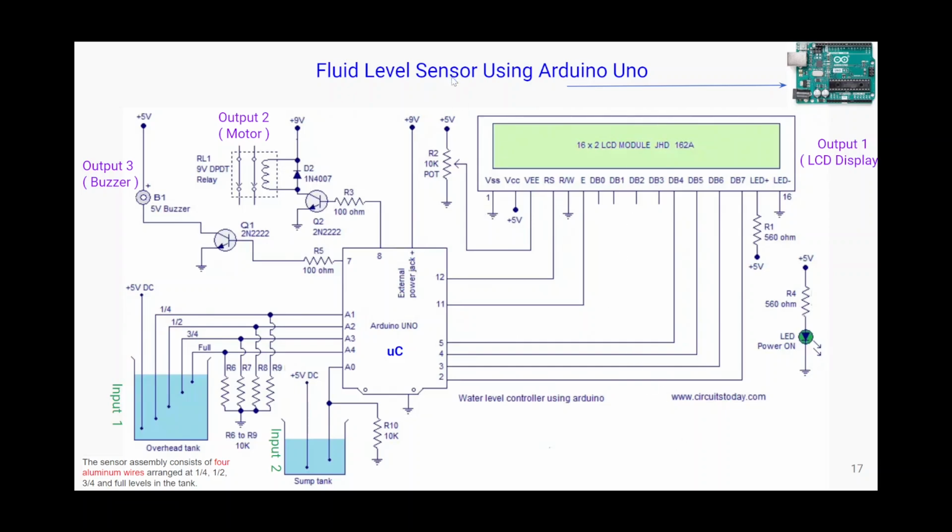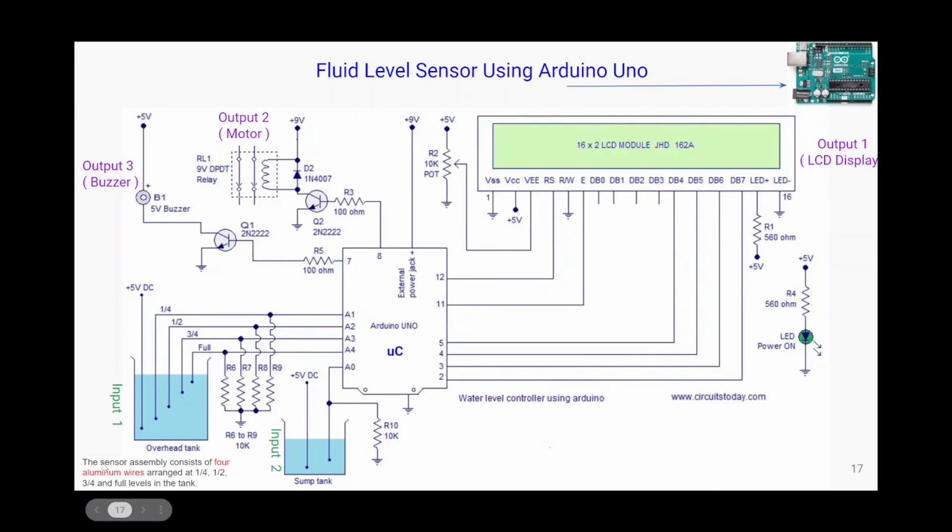Without going into the details, the entire purpose of discussing this particular application, fluid level, is to show how a microcontroller is greatly beneficial. In this application, there is no human intervention, and it will automatically fill the tank, and indicate to the household individuals or employees at a factory the water tank levels in the main overhead tank or the sump tank.